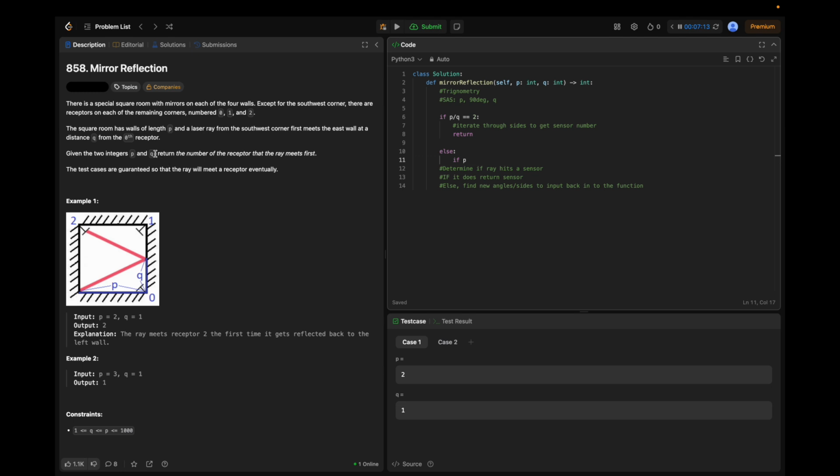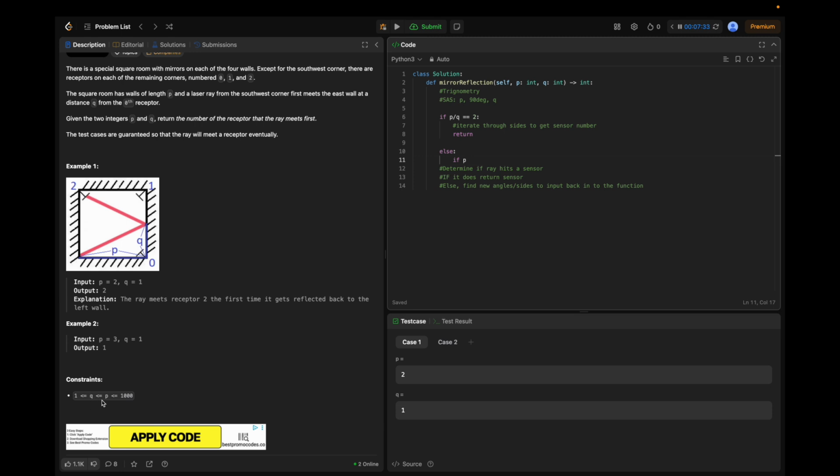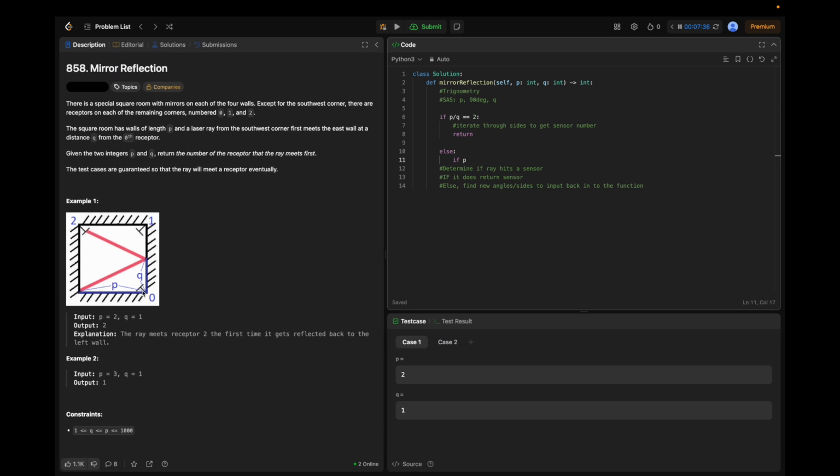If they're integers, that makes it a lot better, just for my own sake. So the constraints are Q less than or equal to P less than or equal to 1. Okay, so Q can be 2. Oh, that would also hit a receptor. And 0 would also hit a receptor. Huh. Interesting. So this is false. Wait, okay.